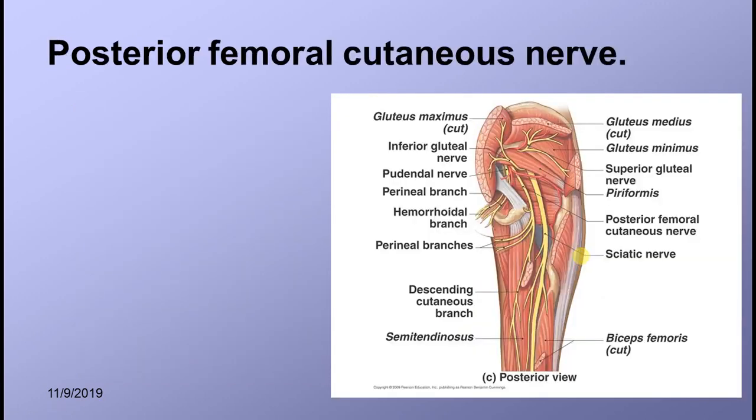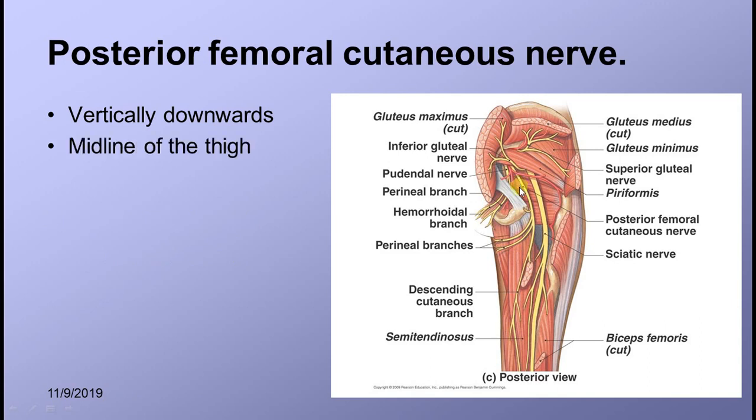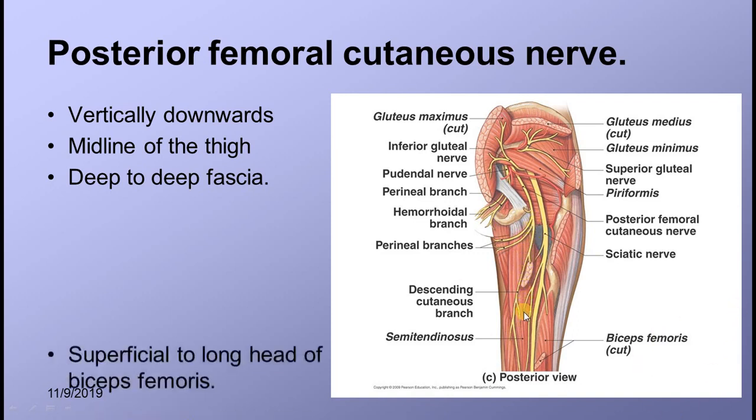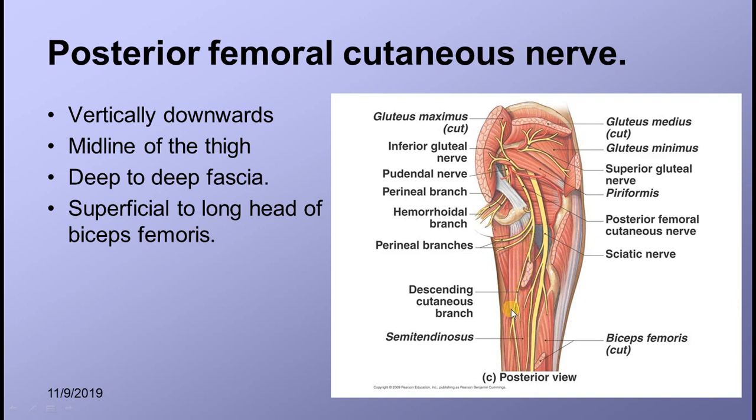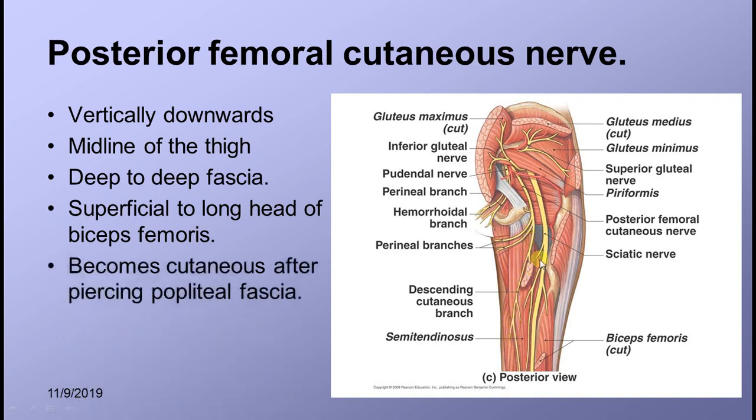Next, coming to the posterior femoral cutaneous nerve, you are able to see this nerve. Again it arises from the lower border of the piriformis deep to gluteus maximus and runs vertically downwards. It is present on top of the biceps femoris, whereas the sciatic nerve runs deep to the biceps femoris. In the midline of the thigh posteriorly it is seen deep to the deep fascia, but superficial to the long head of biceps femoris.